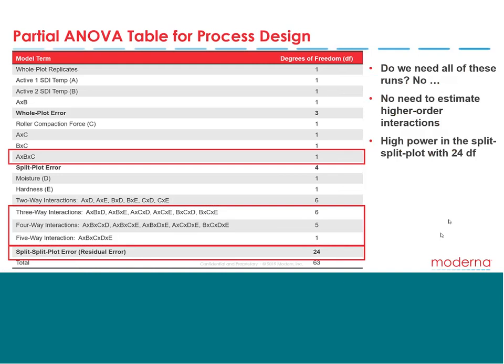And the answer is no, because of 2 things. One is that we typically don't need to estimate higher order interaction terms because they typically don't truly exist. So we can think about actually fitting a smaller model than we would be able to fit with the 64 runs, because we just don't really need to do that.